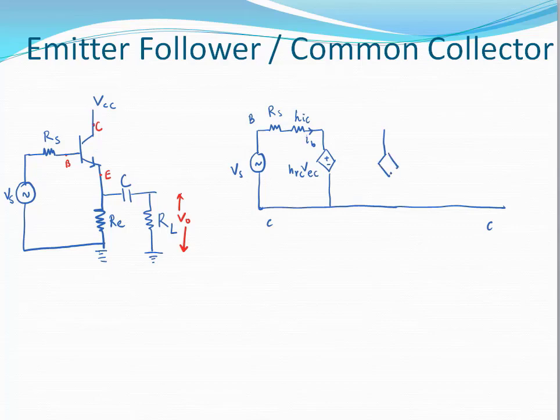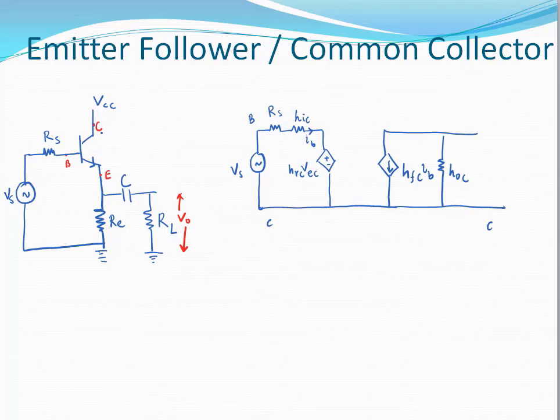Output port will have one current source, that will be HFC into input current IB, and HOC is in parallel with the current source. And this RE is in parallel with RL.